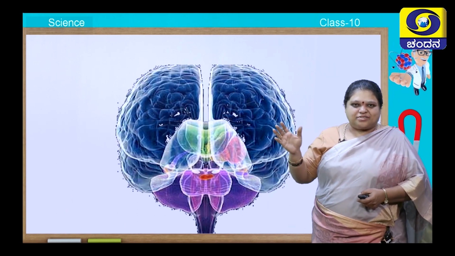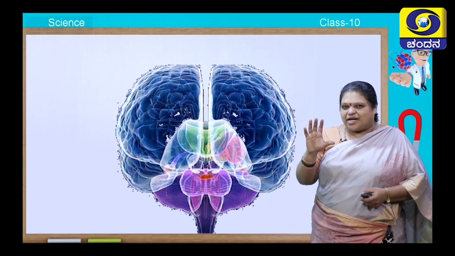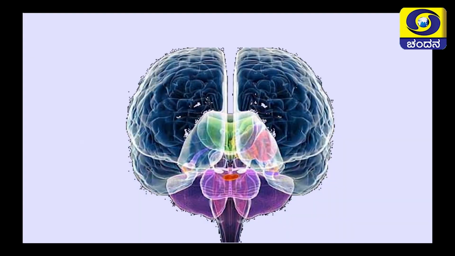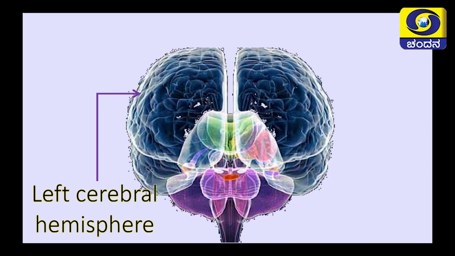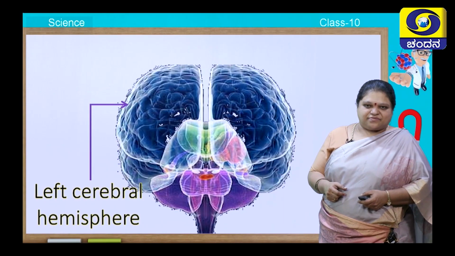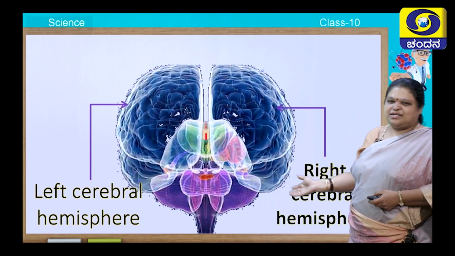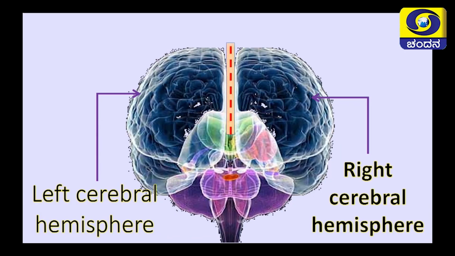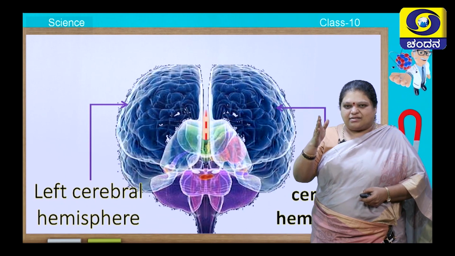Next, let us come to this session's portions. So, you understood about the cerebrum. If you look at the cerebrum from a different angle, you can see there are two hemispheres: the left cerebral hemisphere and the right cerebral hemisphere. But you observe that they are not separated.